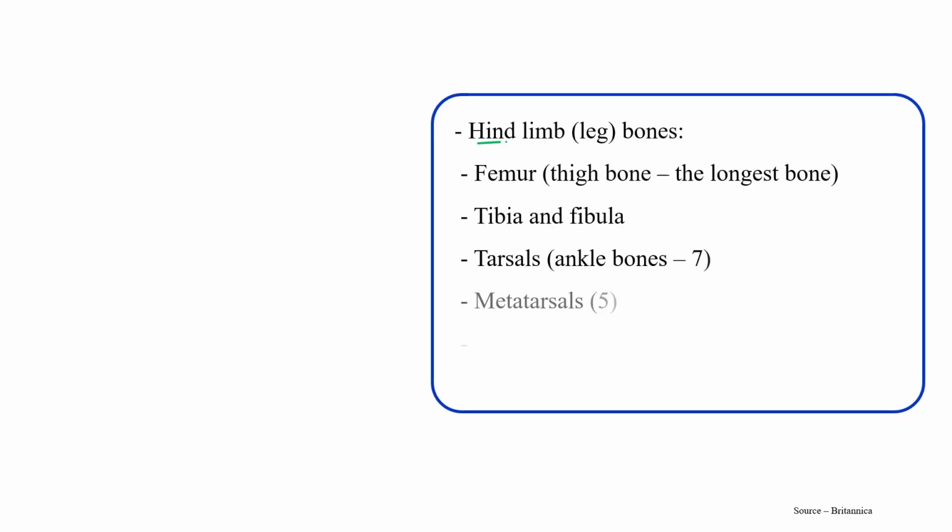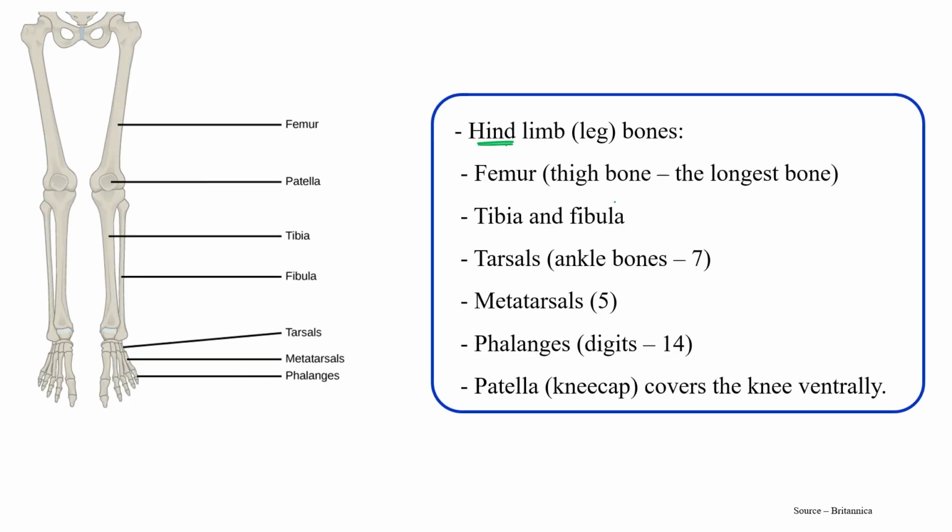Similarly, the hind limb. The hind limb contains the longest bone, femur, also known as the thigh bone. Then tibia and fibula. This is the tibia, the bigger one, and the thin one, fibula. Then tarsals, which are present over here. Then metatarsals. Then phalanges.